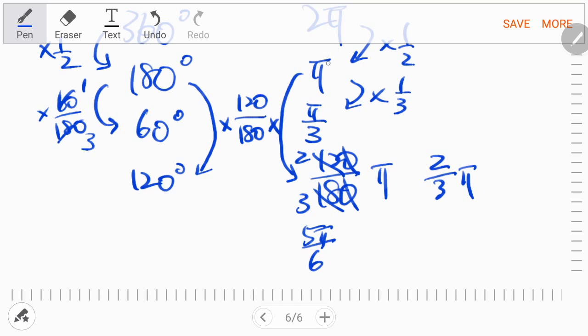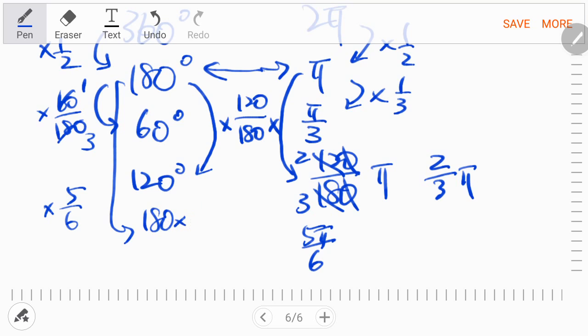I can refer back to what I have here. Right. So if 1 pi is equal to 180, then for 5 pi over 6, all I have to do is multiply 180 by 5 over 6. So 180 multiplied by 5 over 6, I would have 150.